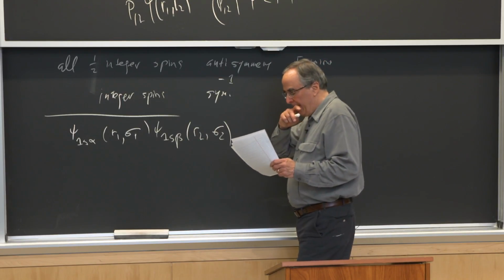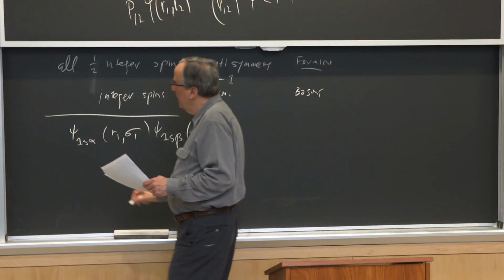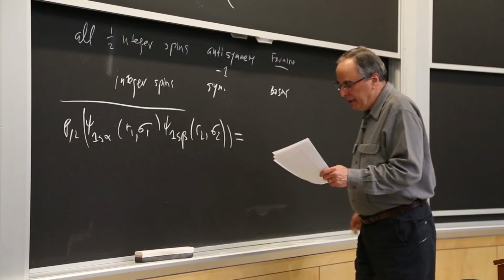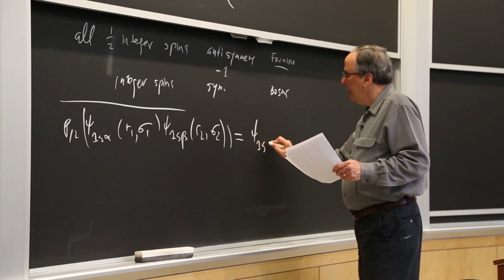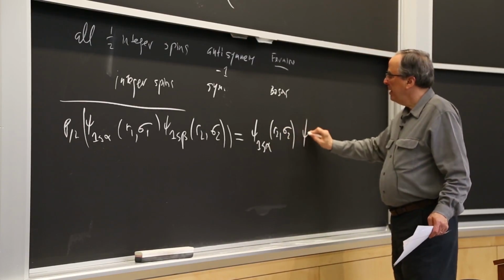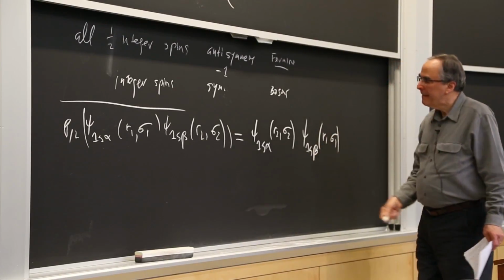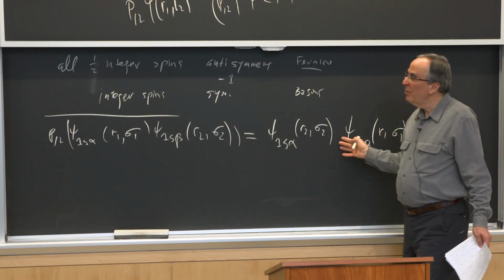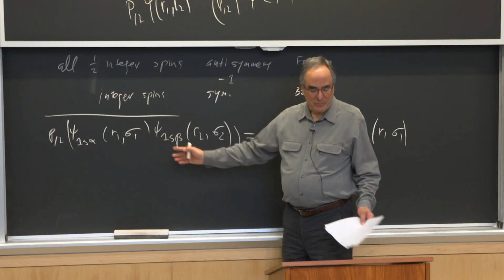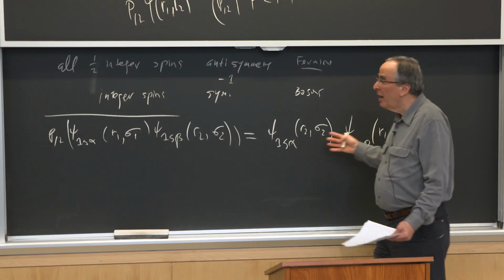And so if we apply P12 to this, we get psi 1s alpha R2 sigma 2, 1s beta R1 sigma 1. And we don't even know what this is relative to that. So symbolically, these are 2 unrelated quantities.